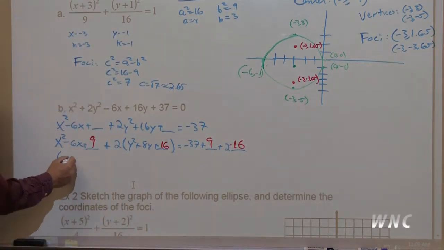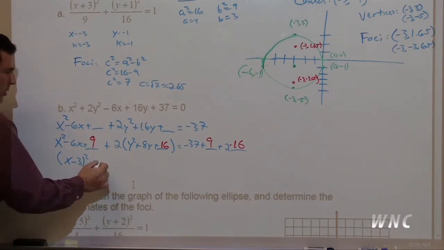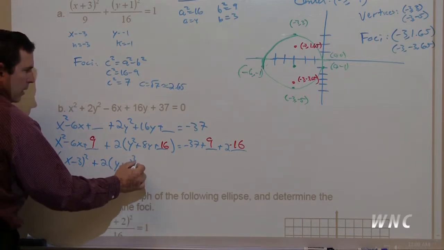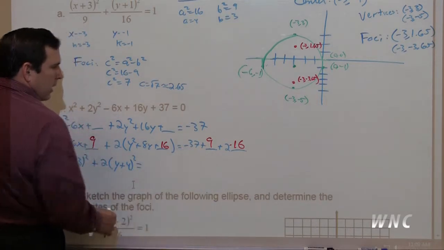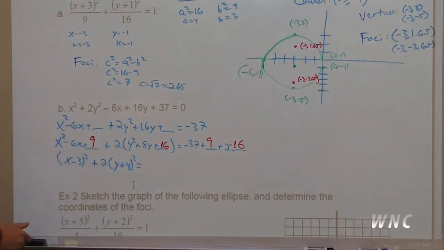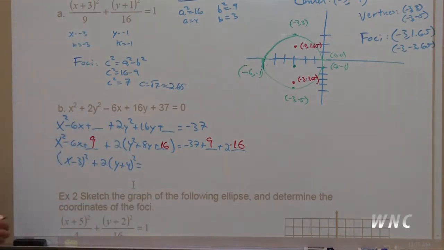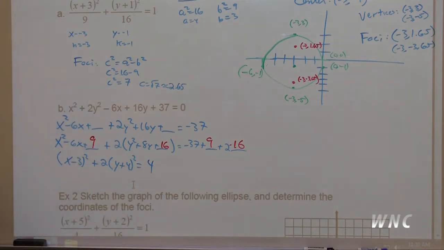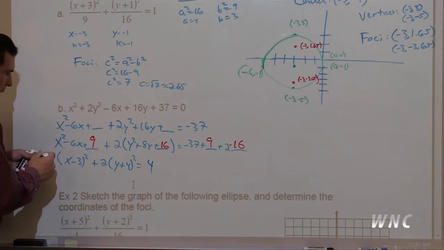So this will become x minus 3 squared plus 2 times the quantity y plus 4 squared equals, so it's -37 plus 9 is -28 plus 32 is 4. Now in an ellipse it should be equal to 1, so we'll divide all these parts by 4.